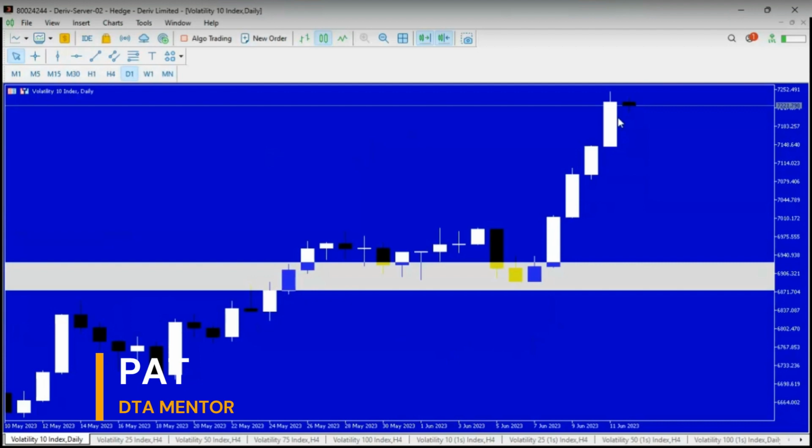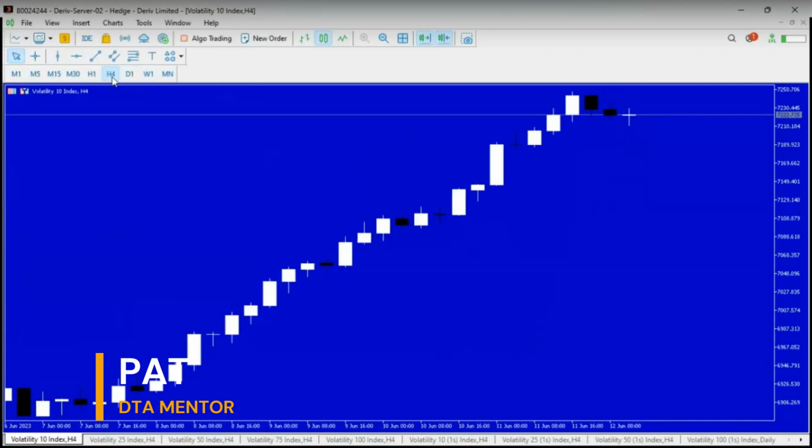We are expecting to buy this one today. We are just waiting for our H4 time frame to say so, and our H1 and M15 to tell us go ahead.